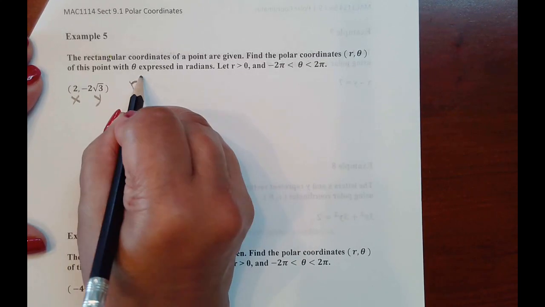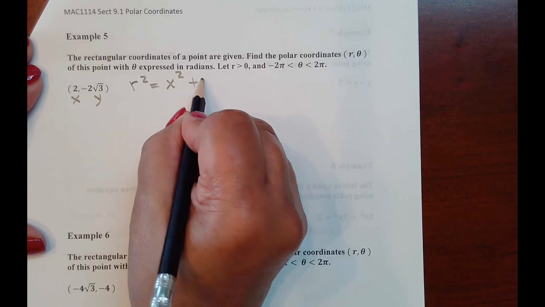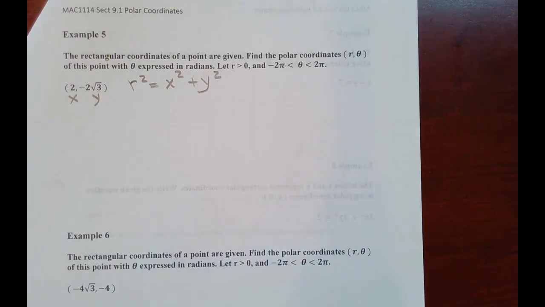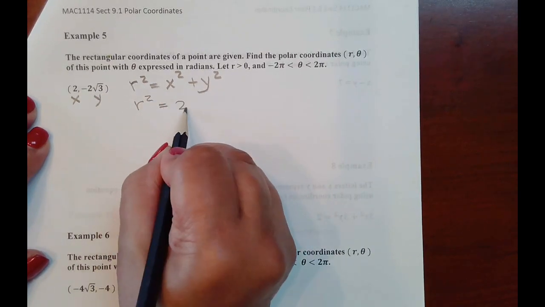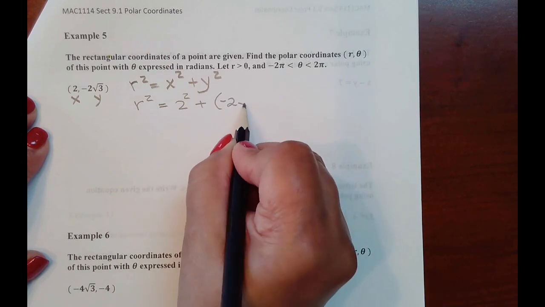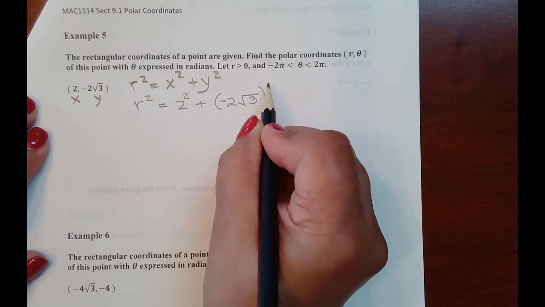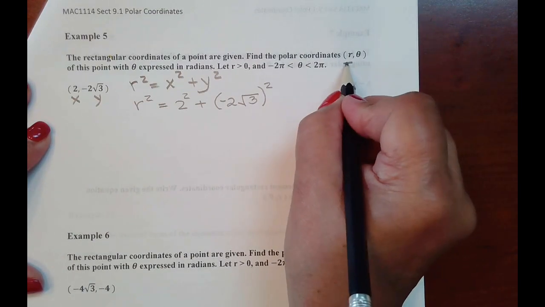So r squared is equal to x squared plus y squared. That was one of the formulas we got on the first page. And so r squared is equal to 2 squared plus negative 2 square roots of 3 squared. Just following the formula to get our r value.